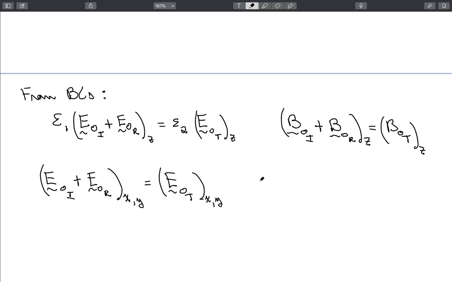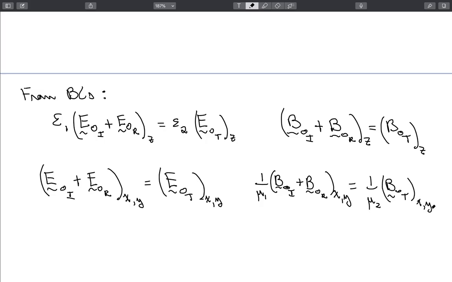And finally, the last one, 1 over mu1 times B incident plus B reflected, any xy component, has to be 1 over mu2 times the transmitted magnetic field vector, any xy component.